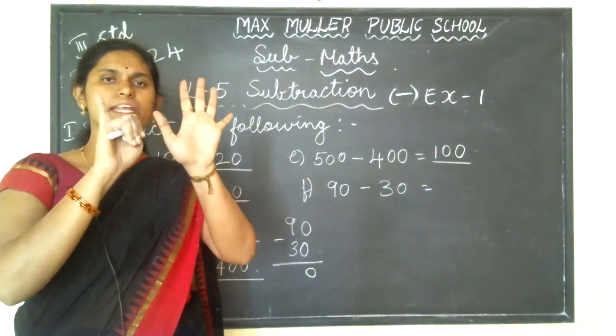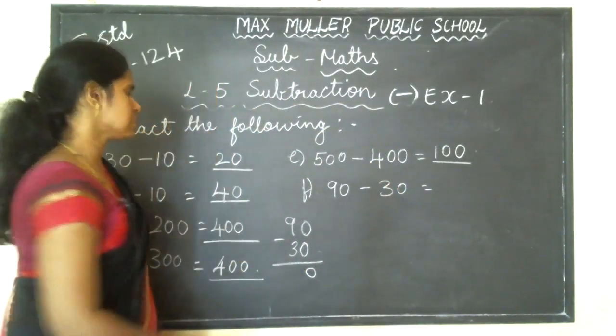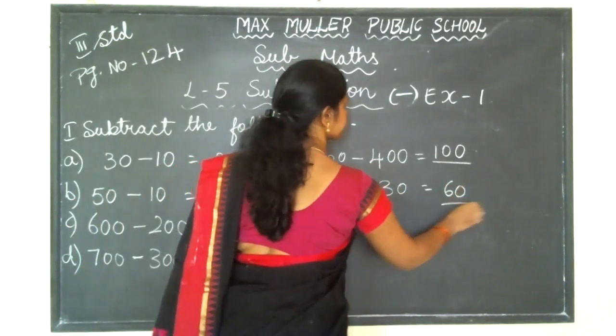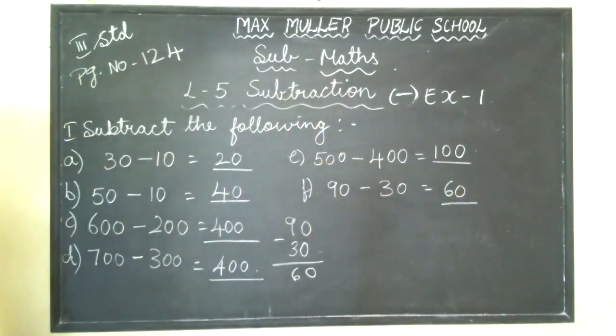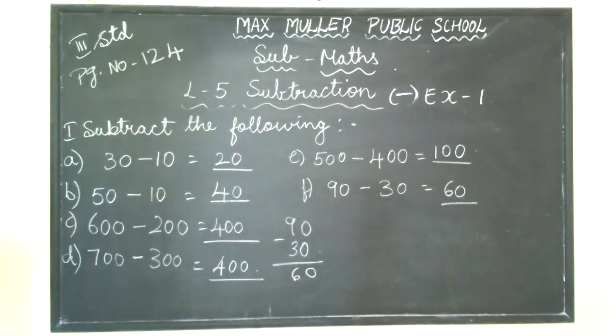How much is remaining? 1, 2, 3, 4, 5, 6. Answer is 60. Copy down fast. Finished, all of you?